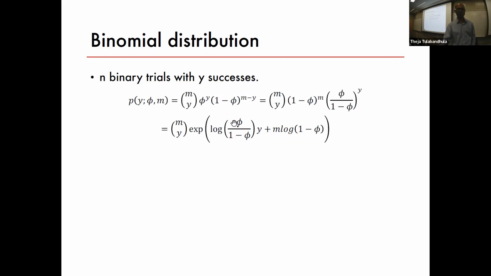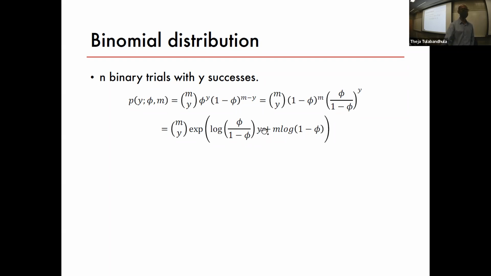You just apply a log and then an exponential operation. The log of the second term leads to n log of 1 minus p. That's like your minus a of eta. And the third term leads to y log of p over 1 minus p. That's like your eta times t of y.